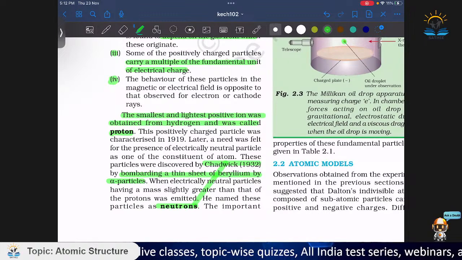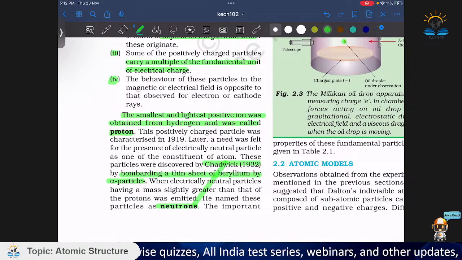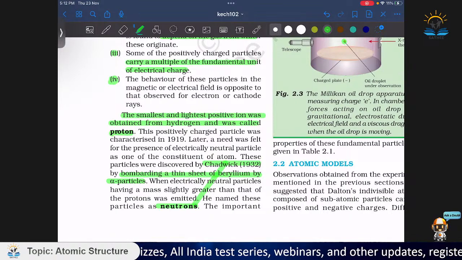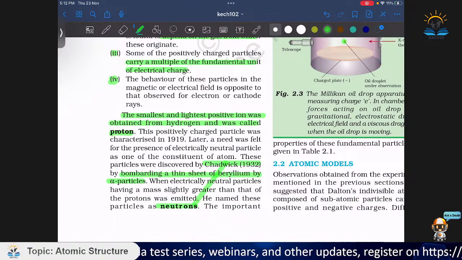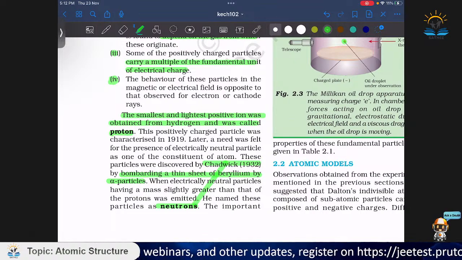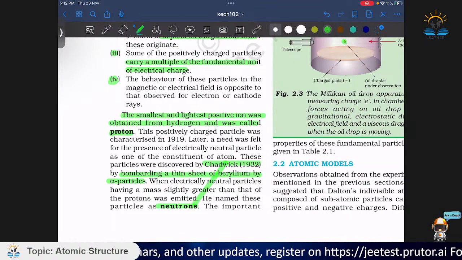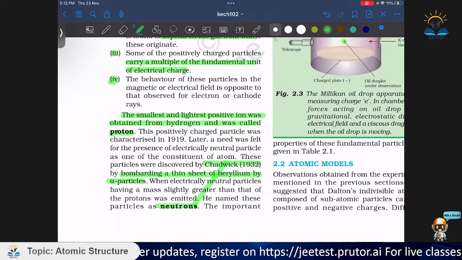Firstly, we had electrons. Electrons sparked the major interest in subatomic particles, because they calculated the charge by mass ratio, then they calculated the charge from Millikan's oil drop experiment, which was found to be the fundamental charge, and after that they calculated the mass also.